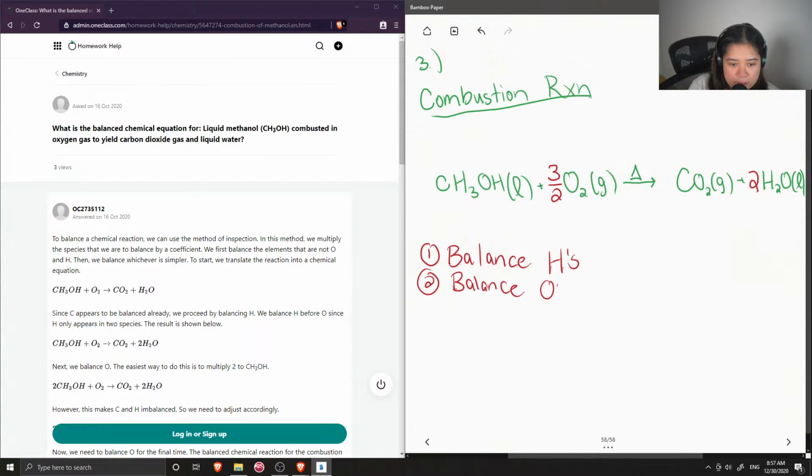And now notice that my coefficient contains a fraction. So I'm going to multiply by 2 to get rid of the fraction. So when we multiply, we want to do this to the whole reaction.